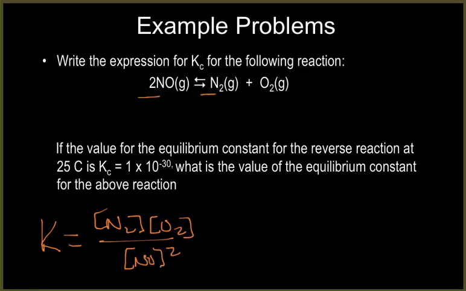Again, this all came from up here. And then if Kc for the reverse is 1 times 10 to the negative 30, then Kc for the reaction given would be 1 over 1 times 10 to the negative 30, which would become 1 times 10 to the thirtieth. And again, K has no units, so that would be your answer.